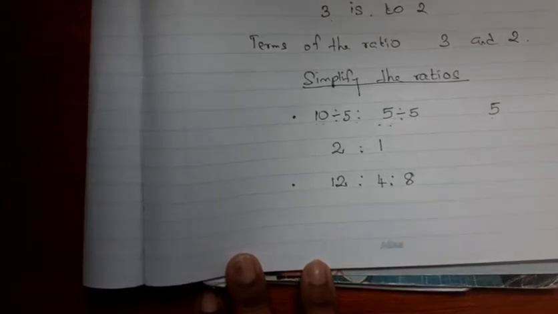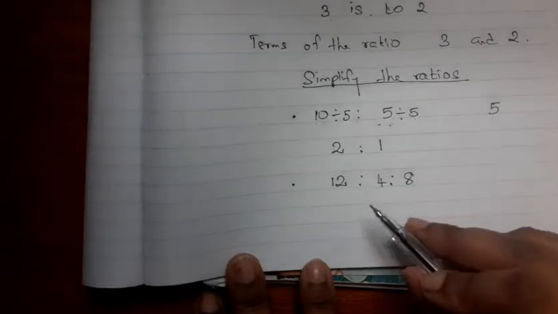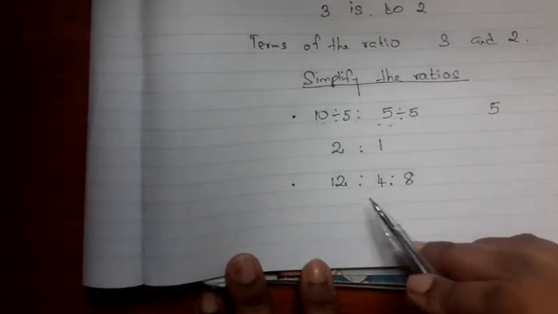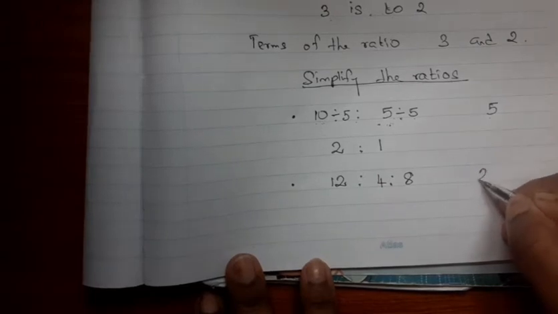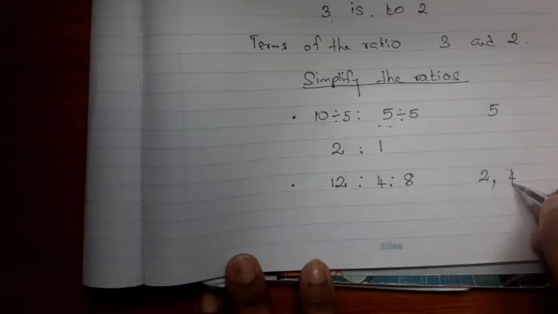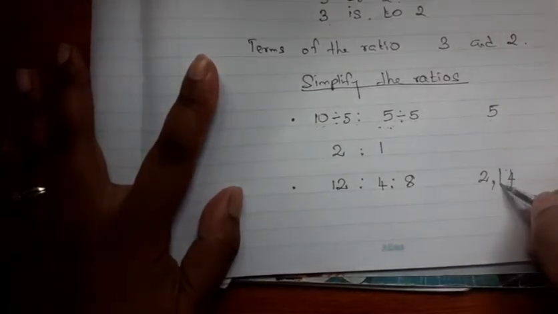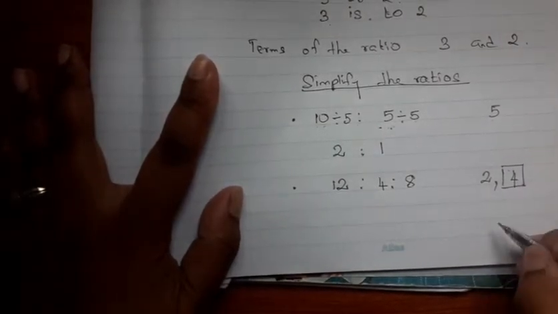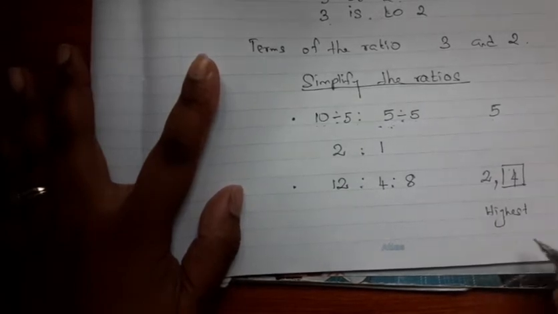For this, we will write the common factors first. What are the common factors which will divide all 3 numbers without a remainder? They are 2, then 4. Am I right? 2 and 4 will divide all 3 numbers without a remainder. But you must divide by the highest common factor only, the highest value. So this is the highest common factor.